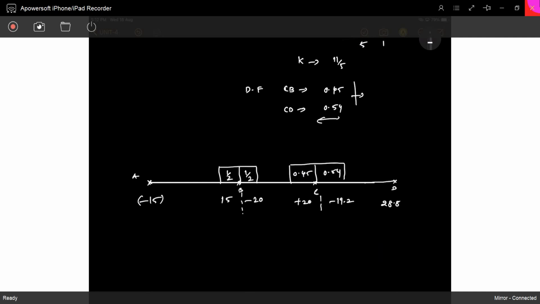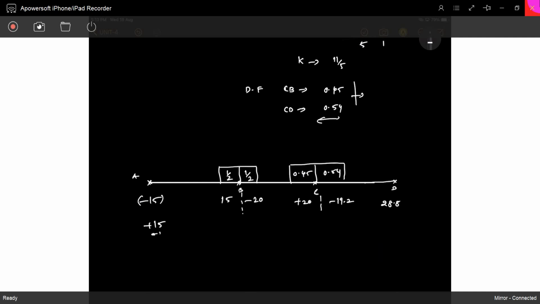That means we have to apply a 15, so now it's going to be 0. Okay, that's one thing to observe. If you apply a plus 15 clockwise at this support, it's going to be 0 at support A. Okay, no problem. But see, if you apply a 15 here, the far end is B. The far end behaves as a fixed end.